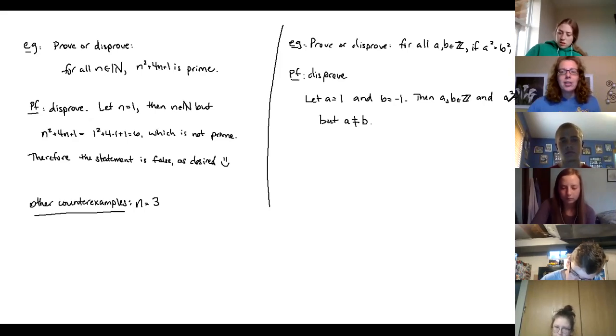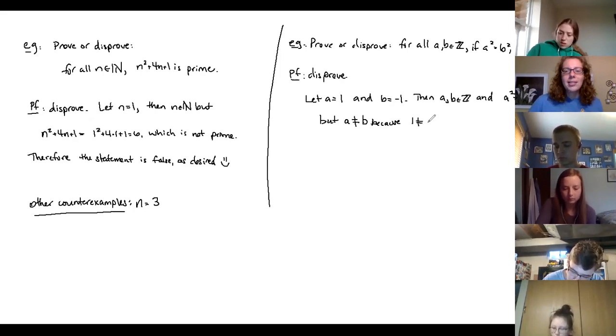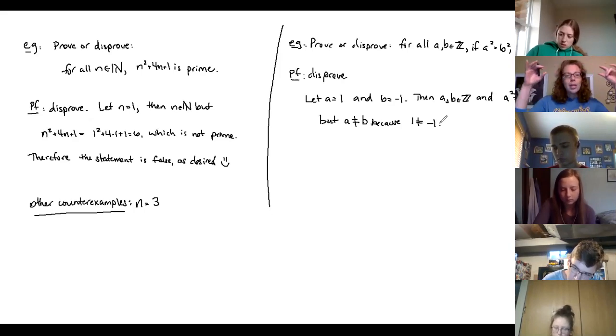Then A and B are in the integers, and A squared equals B squared equals 1, right? I should probably put that in, but A is not equal to B because 1 is not equal to -1. So I need to make sure to have my hypothesis true and my conclusion false, right? I want the whole implication to be false. Think about your truth table.